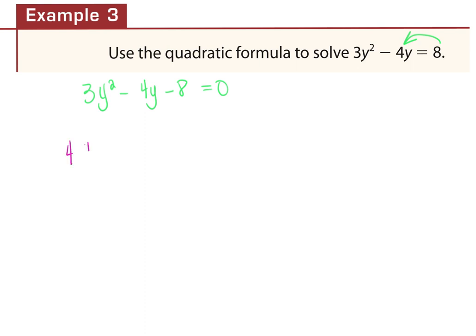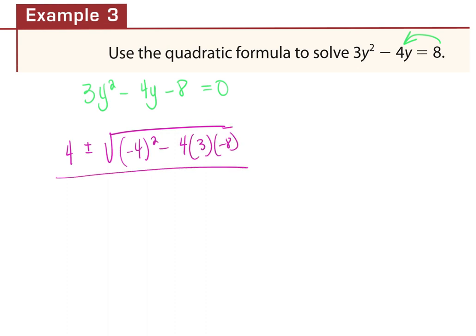Negative b plus or minus the square root of b squared minus 4 times a times c, and that is all over 2 times a. All right? Then we're just going to do order of operations. Negative 4, anything squared, by the way, this b squared is always going to be positive.